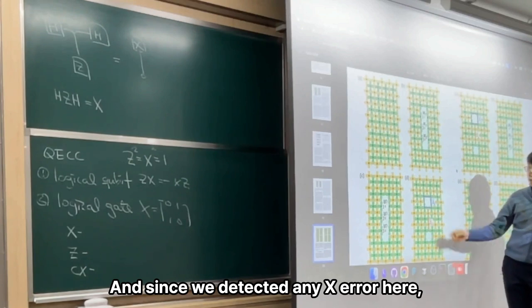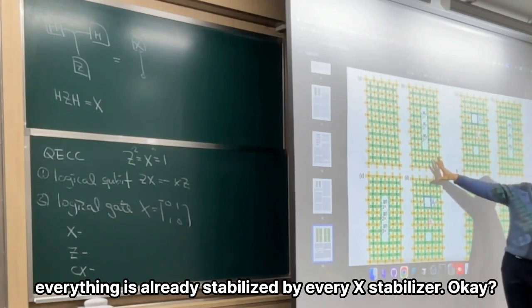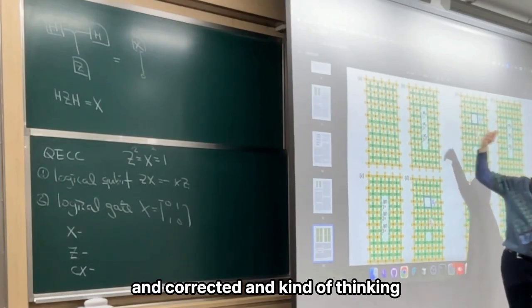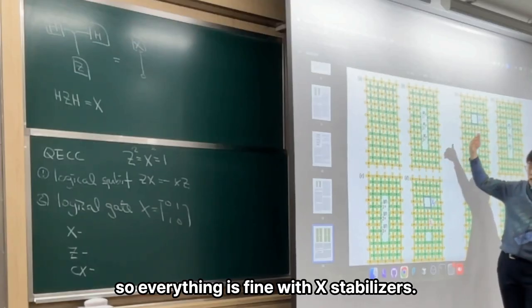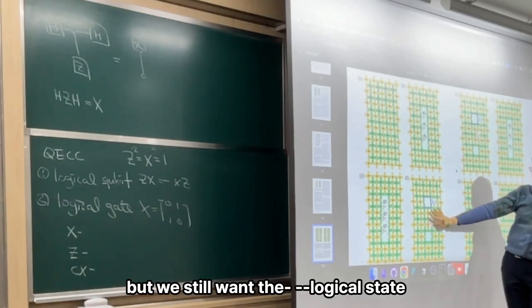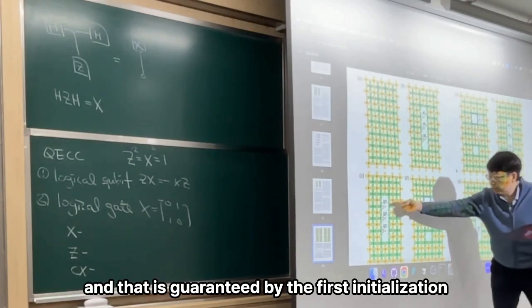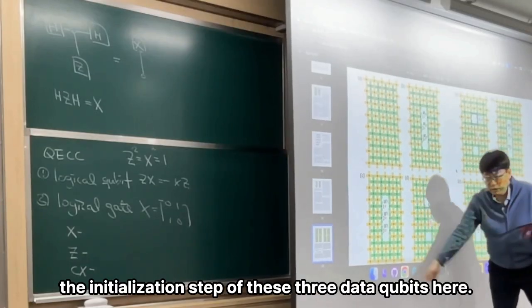Okay, and since we detected any X error here, everything is already stabilized by every X stabilizer. So we already detected and corrected, and can think of it as already corrected. So everything is fine with the X stabilizer. But we still want the logical state to be a +1 eigenstate, and that is guaranteed by the initialization step of these 3 data qubits here.